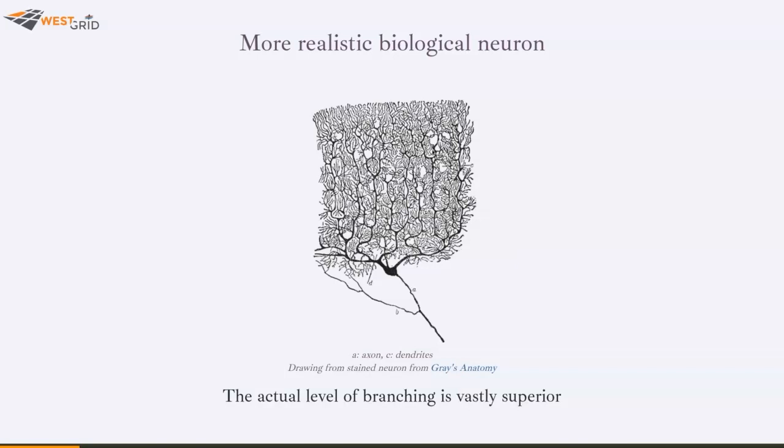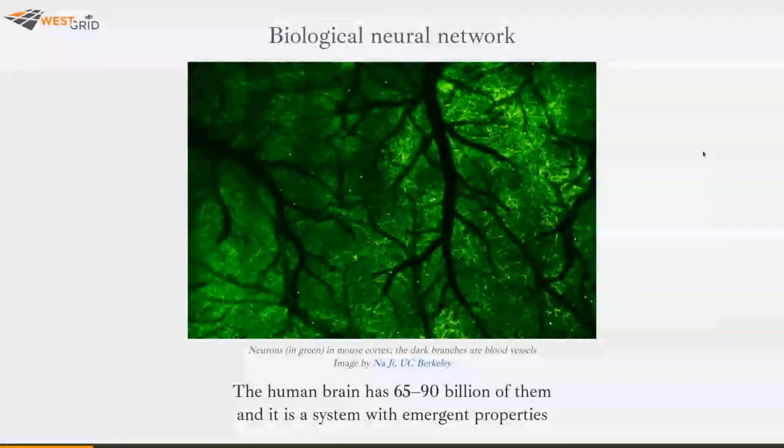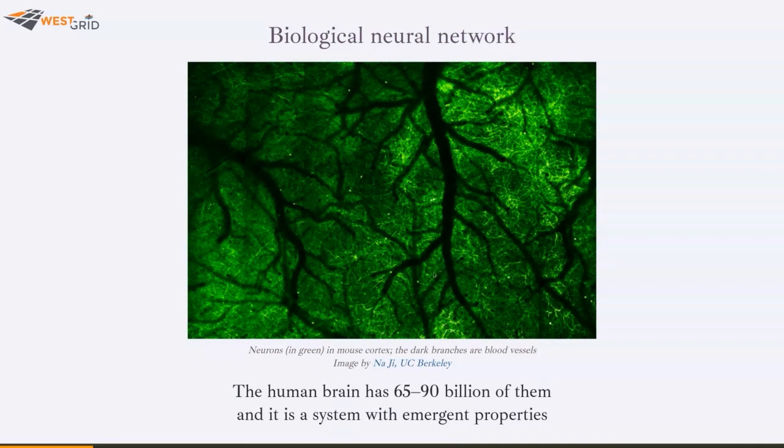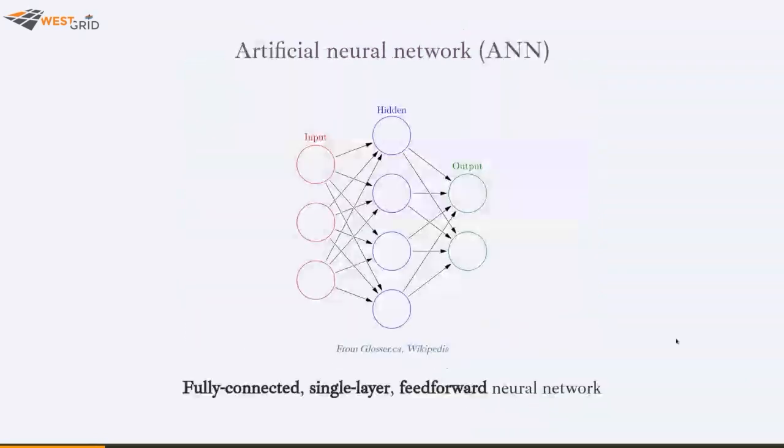Now, if we look at a more realistic image, a drawing of a biological neuron, rather than the very simplistic schematic that we saw at first, we can see that the number of branching in a neuron is incredible. And these neurons then form in biological systems crazy neural networks. In black here, those are actually blood vessels. Those aren't the neurons. The neurons are in green, and you can see there's an extreme density of an incredible number of connections.